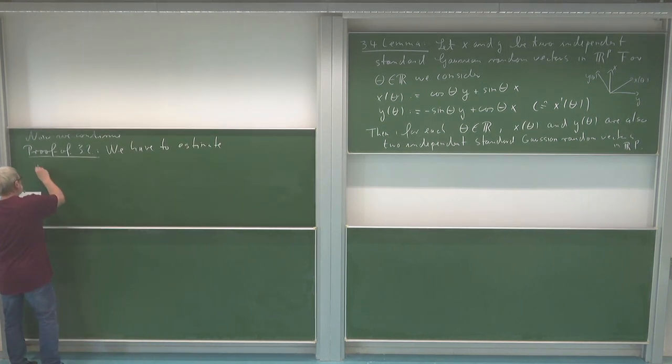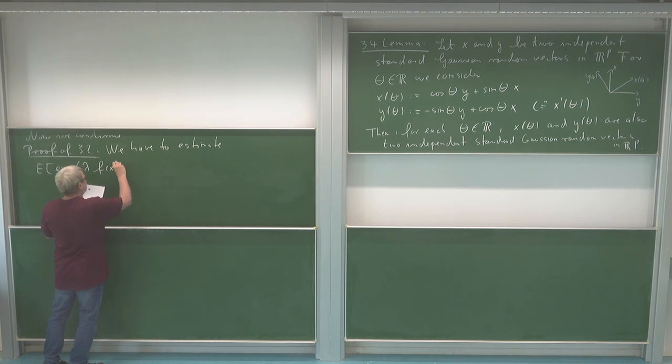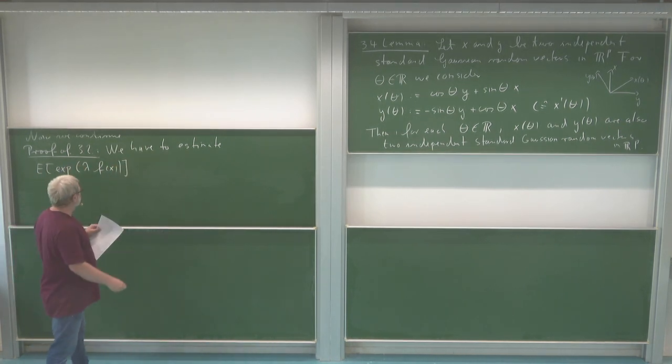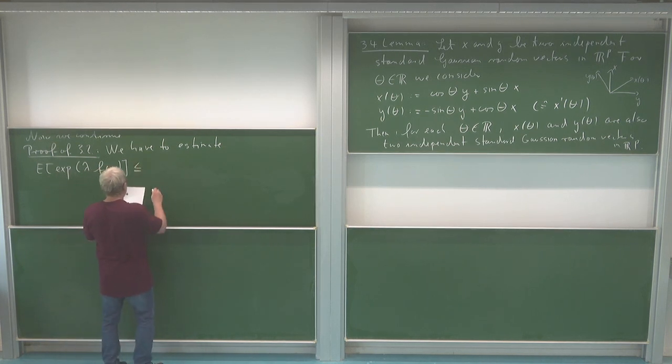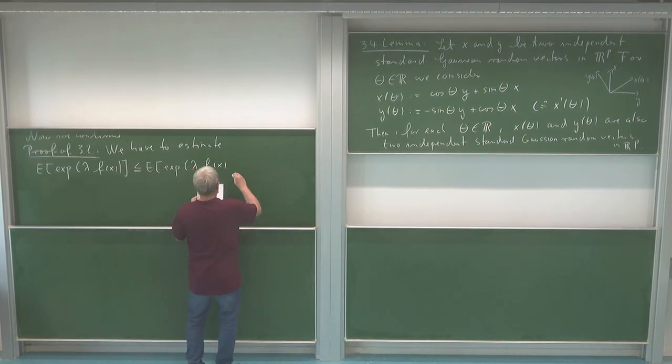In principle, we want to estimate the expectation of the exponential of lambda times f of x. Good. In order to deal with this, we introduced this y, so we estimated this in the first, more trivial step against the same thing where we replaced f of x by f of x minus f of y.